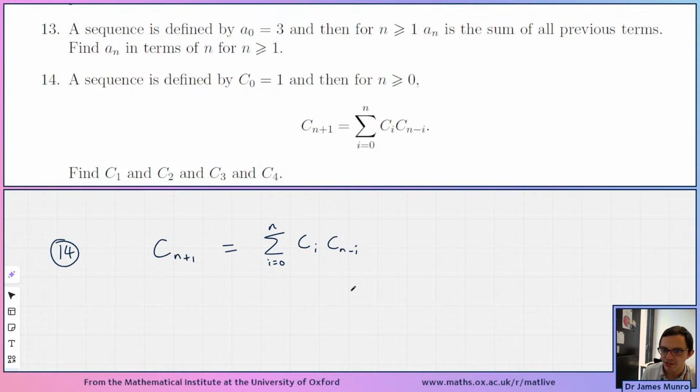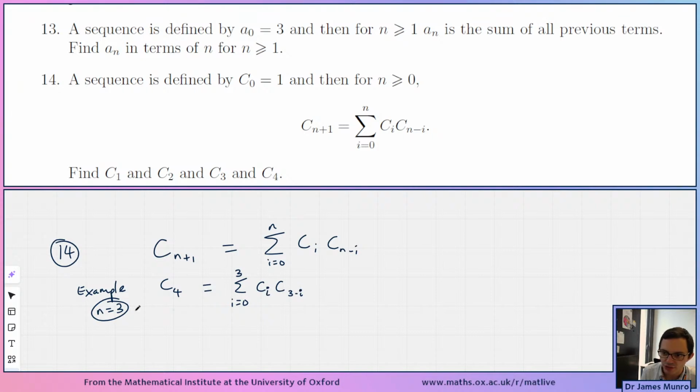Let's do an example of what this means. So example, it's the first ones that are tricky. So I'm going to slightly cheekily do an example with n equals 3, where this is C4. This means the sum from i is 1 to 3. I'm plugging in n equals 3 everywhere. Ci, C3 minus i.